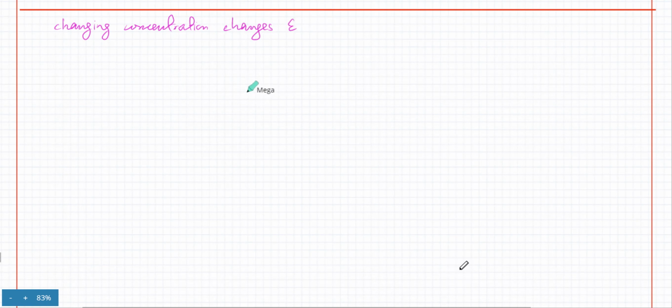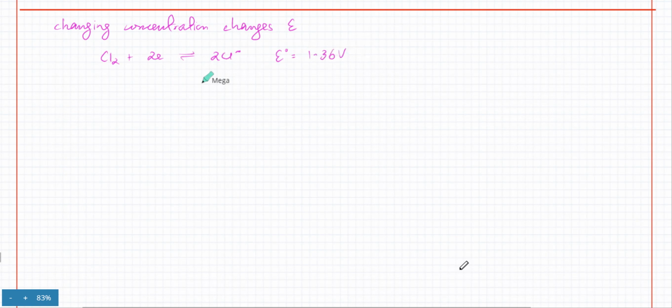All your electrode potentials are calculated under standard conditions. And we're going to focus on this one: 2Cl⁻, and the E naught value is 1.36 volts.